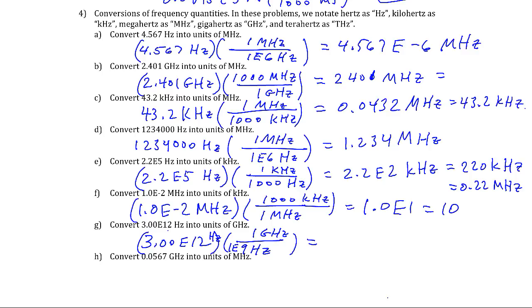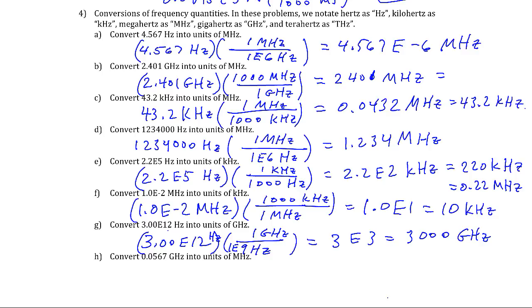And the hertz cancel, and it's like 3 times 10 to the 12th divided by 1 times 10 to the 9th. Just takes off 9 powers of 10 here. 3 times 10 to the 12 minus 9 is 3, or 3,000 gigahertz. And I got to make sure, part F, here I am checking over my paper, I'm going to say 10 kilohertz.